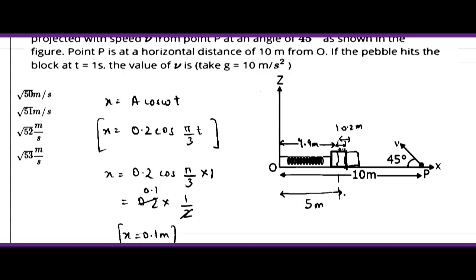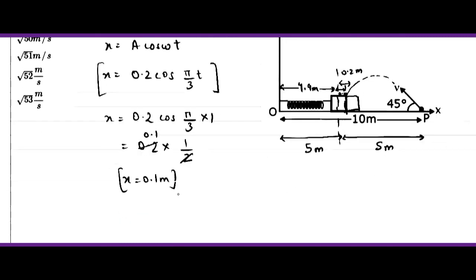And if this is at 5, then the range of the pebble would also be 5, right? This is the complete range of the pebble. So now we have the formula for horizontal range for a projectile motion, R equals u square sine 2 theta over g.